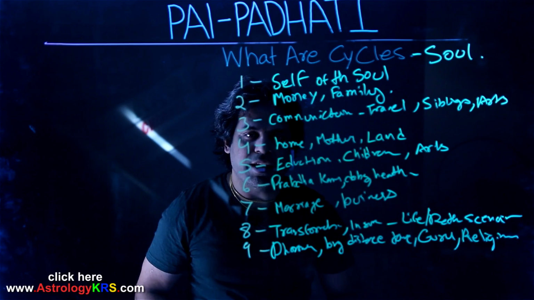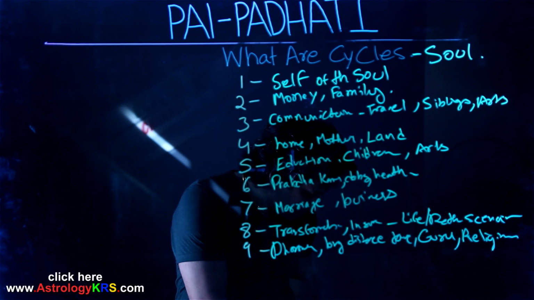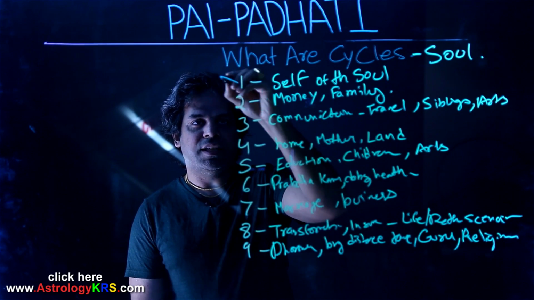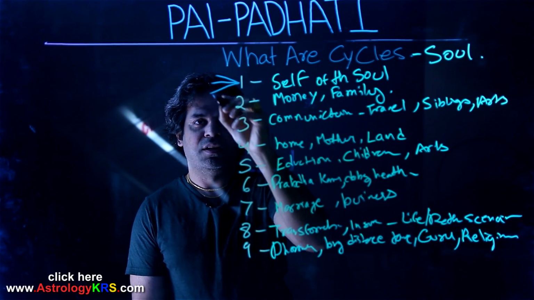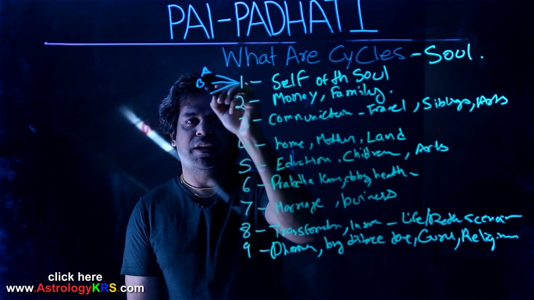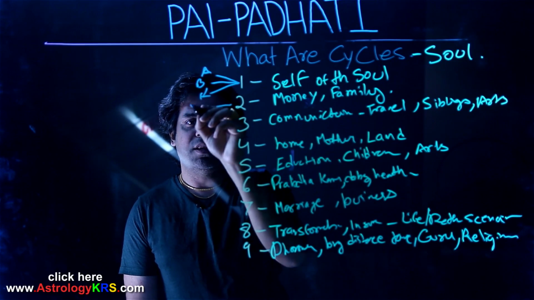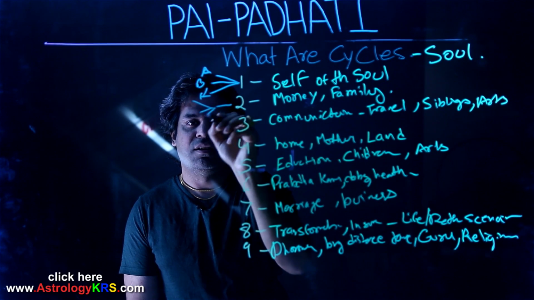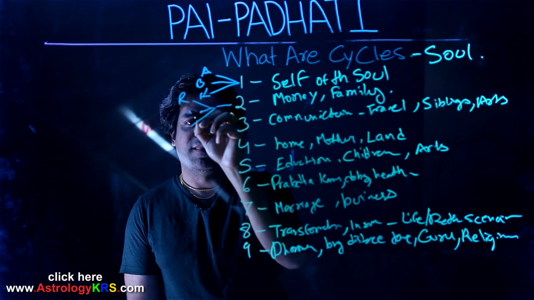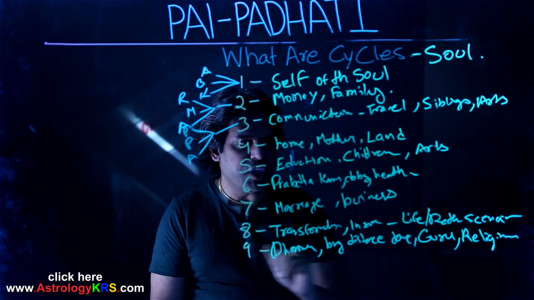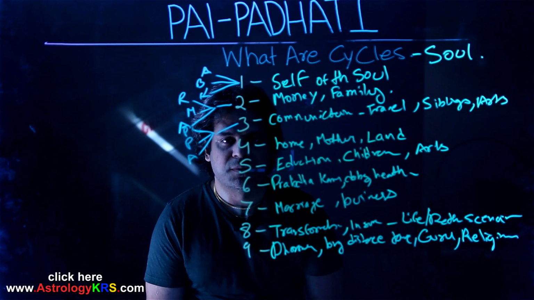So when I was talking about the nakshatras, all the nakshatras in this group, Ashwini, Bharani, Krittika, represent this. All the nakshatras in here, Rohini, Mrigashira, Ardra. So whatever nakshatra is in your birth chart.